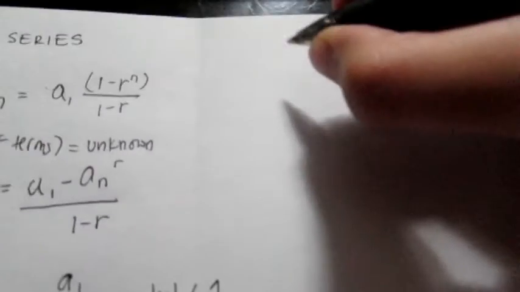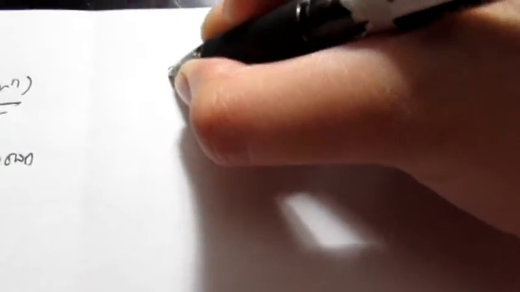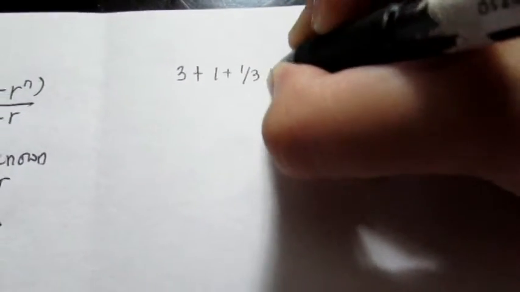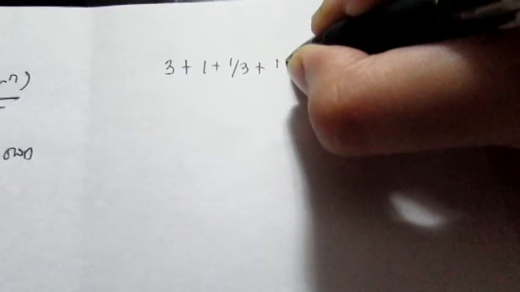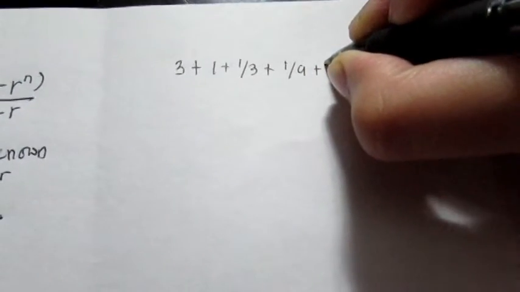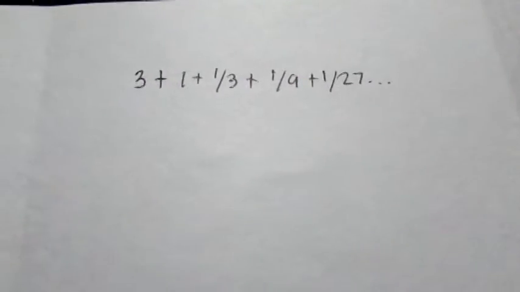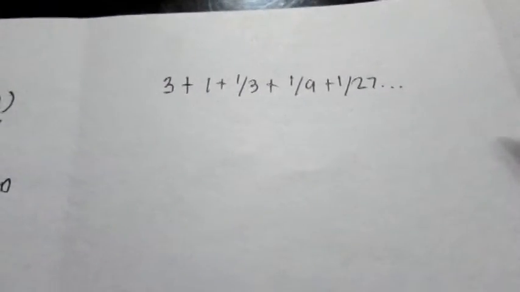For infinite, let's take an example of a sequence: 3 plus 1 plus 1/3 plus 1 over 9 plus 1 over 27 and so on. As you can see, this sequence is infinite.